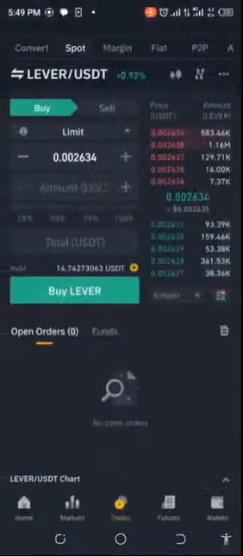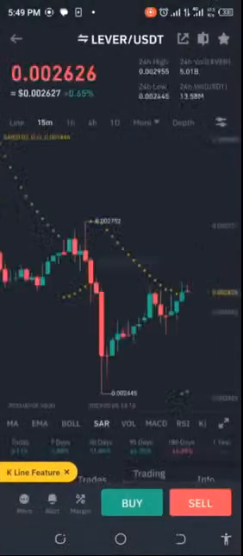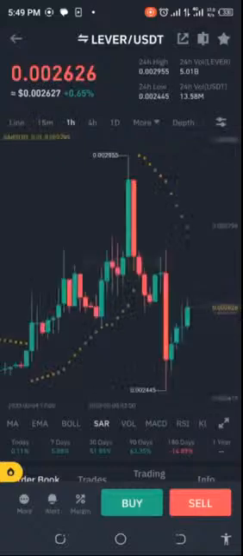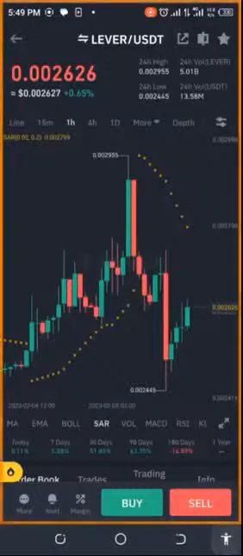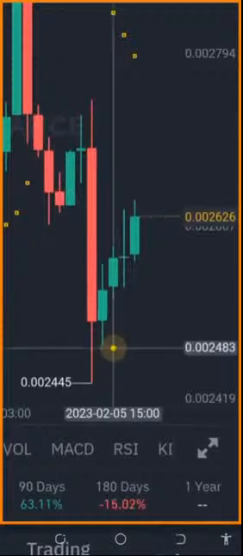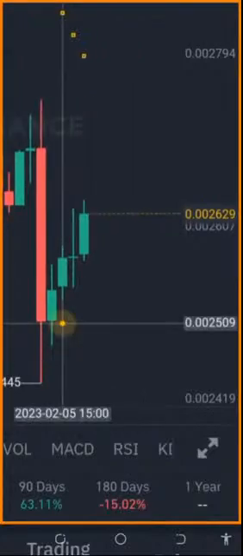So let's take a good look at the chart one more time. Not the all-time low, let's look at 1 hour, and you'll see that it actually got to this point. Sorry, that's within the last 3 hours.